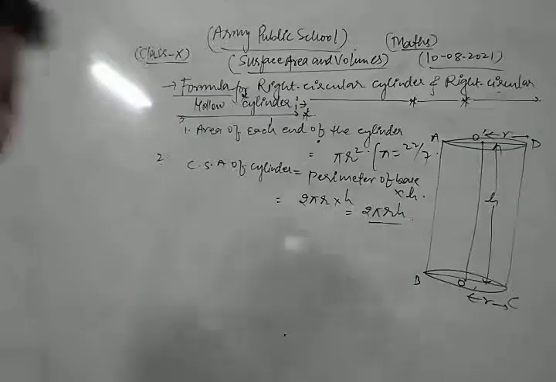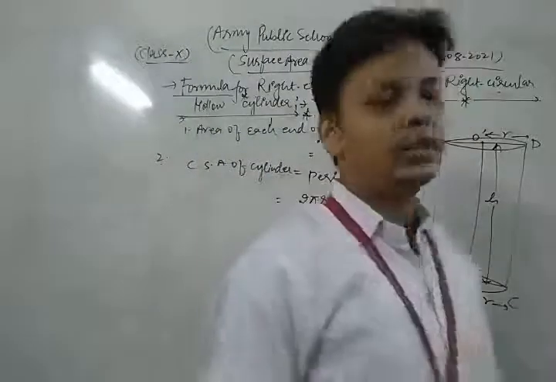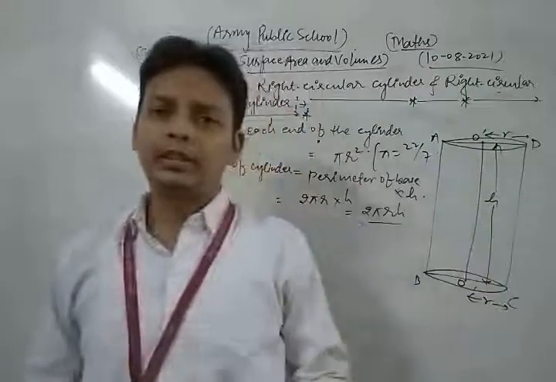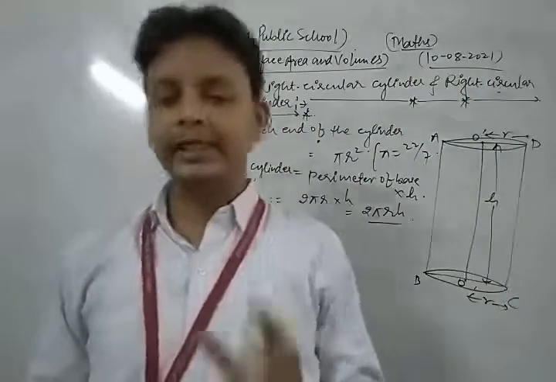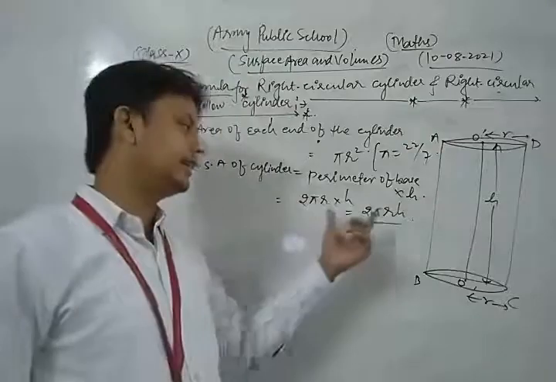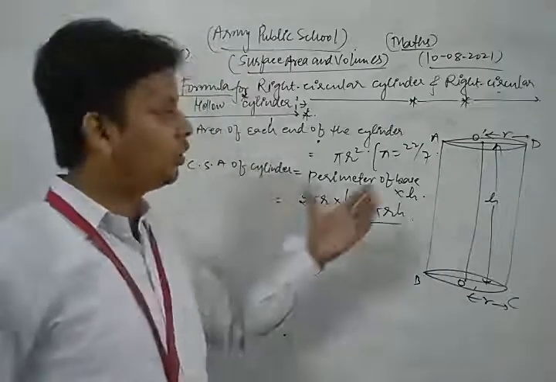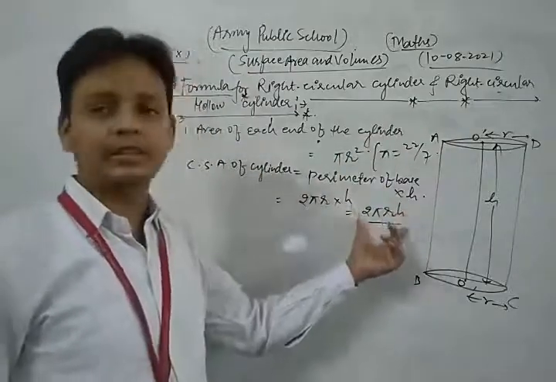Okay. Now what is the concept of total surface area of the cylinder? Dear students, in total surface area we add the area of both the ends to its curved surface area.